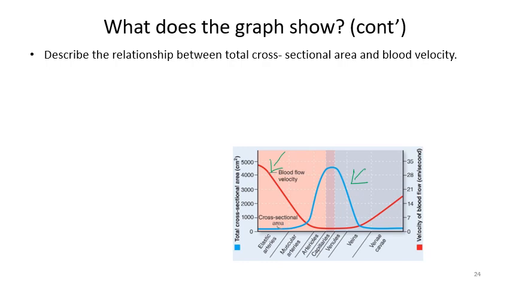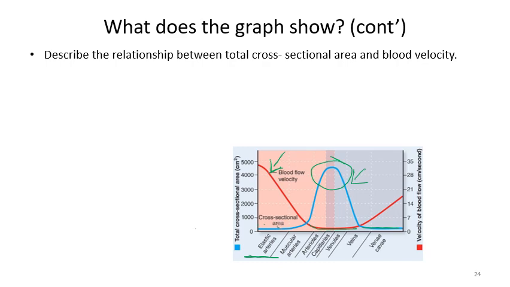Here in our big elastic arteries, area is very low, velocity is very high. Here in our capillaries, lots and lots of area, very slow velocity. And then here in the veins, as our area goes down, velocity picks back up.